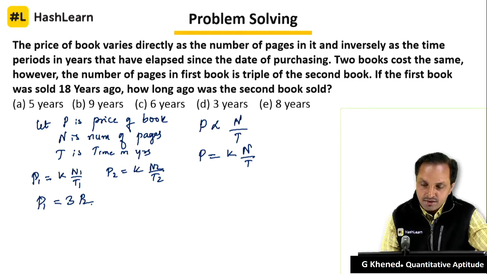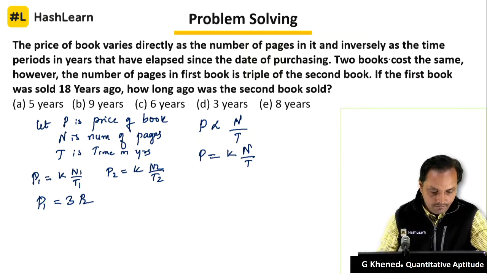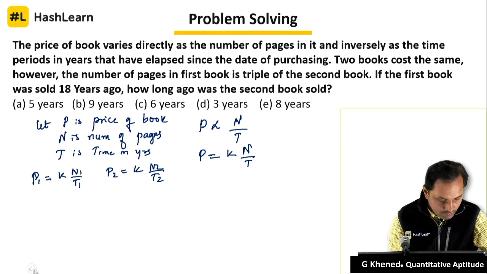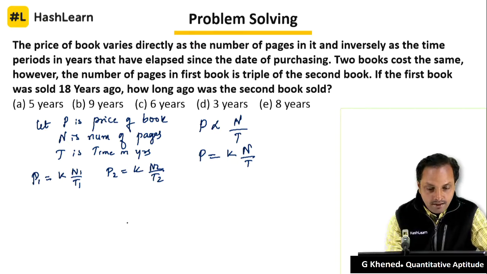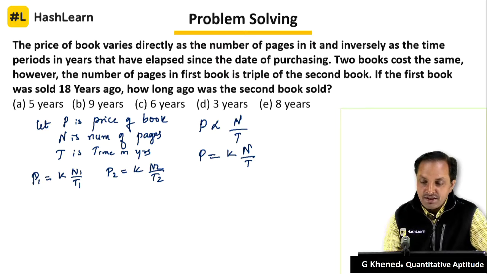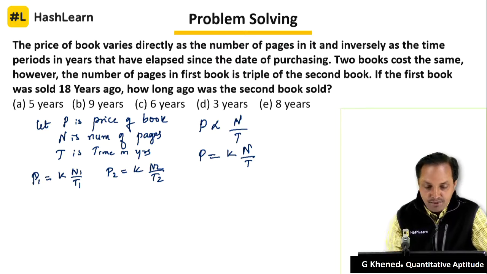He has given that the cost of the two books is the same. The number of pages in the first book is triple the second book.